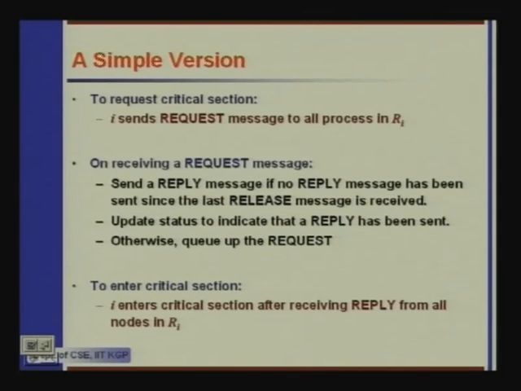So, the status of each process is of the following types: it has either replied to some process and is waiting for that process to release, or it has replied and already got back the release, so it is free now. So, it is either free or it has given the permission to somebody.